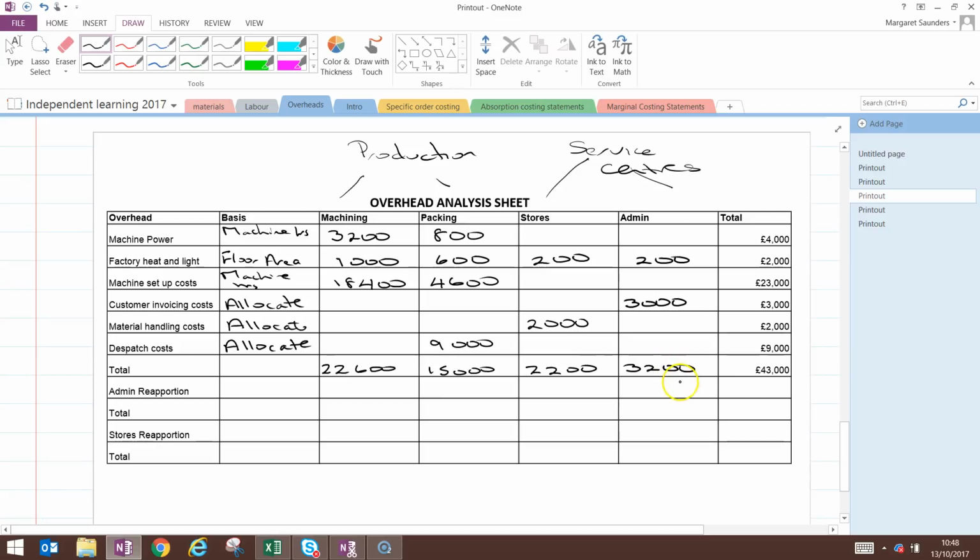So we need to reapportion these two figures. So we're going to start off with the admin figure. So we're going to take 3,200 away from admin, and that will bring that down to 0. But where are we going to put that admin figure?